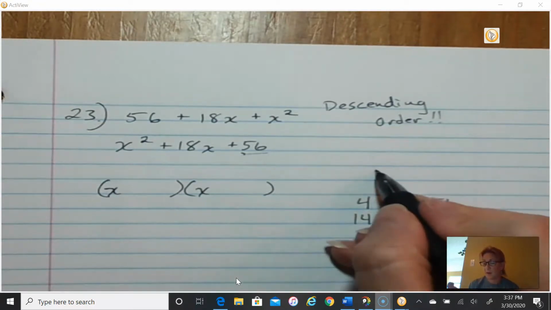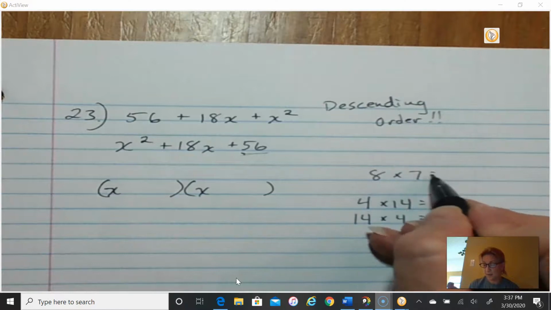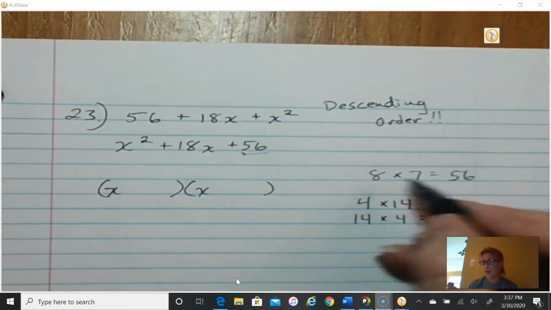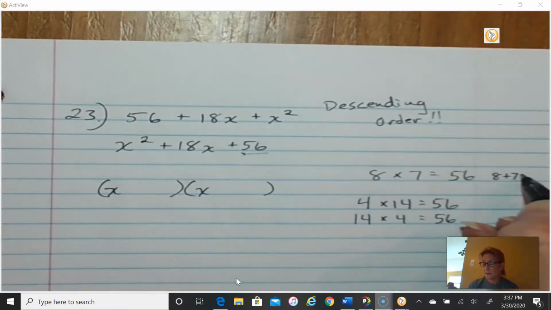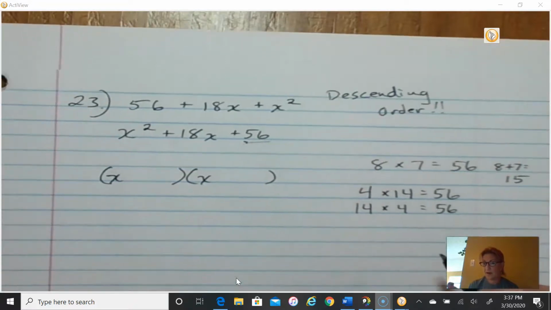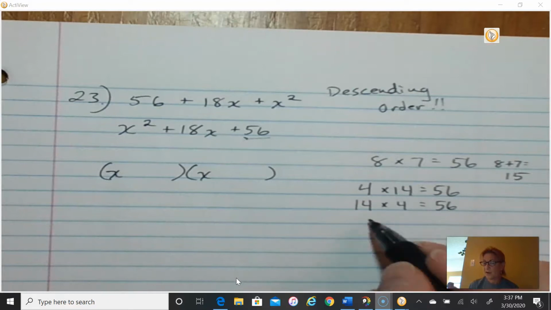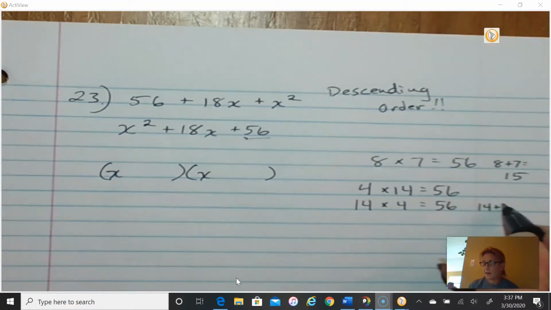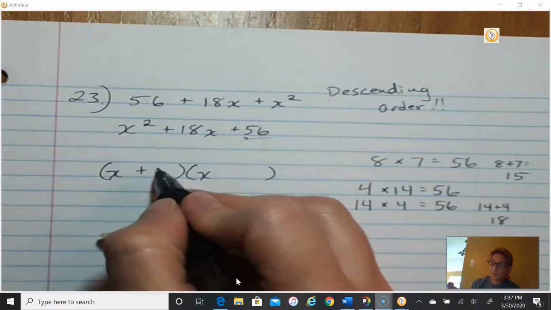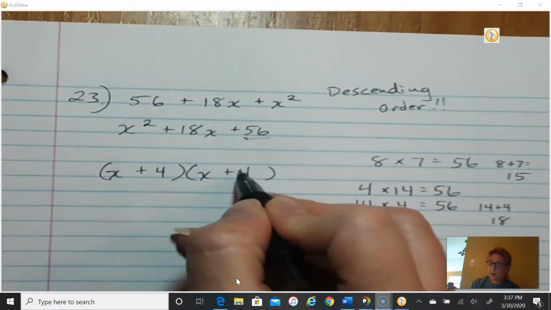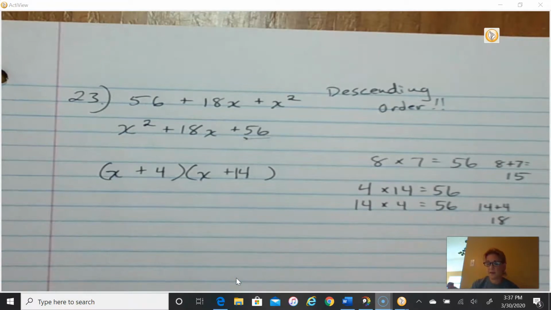A lot of you are going to jump right to 8 times 7. That's 56, but when added, that gives you 15. See what I'm saying? So these two, when added, give you the positive 18.